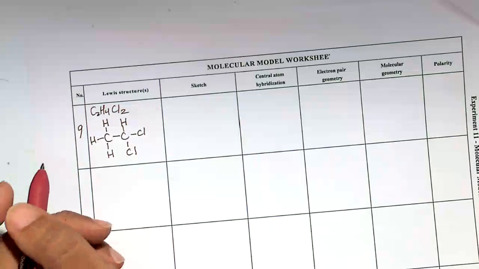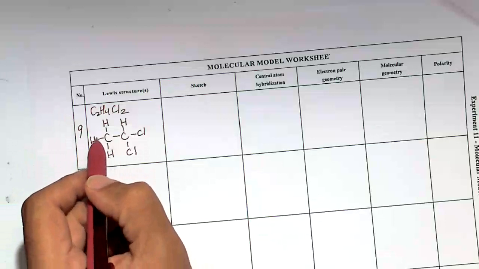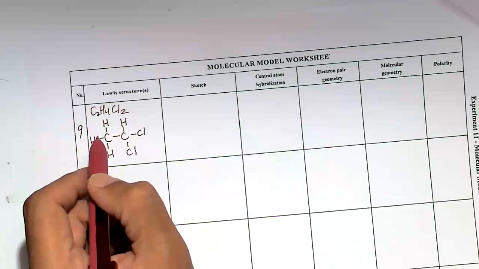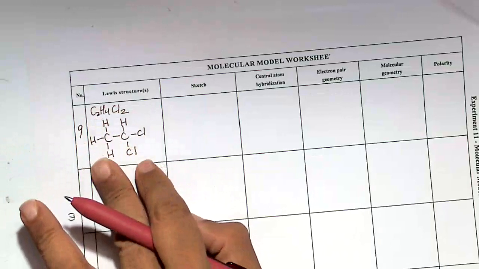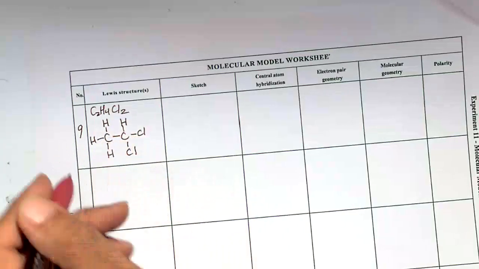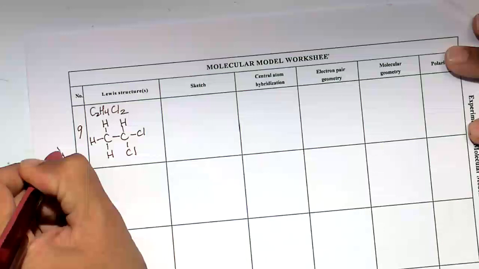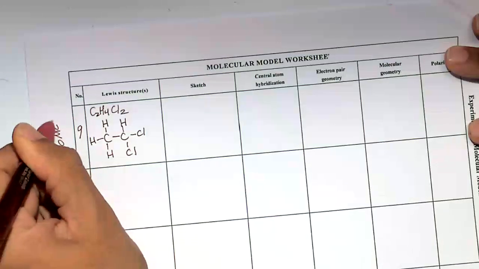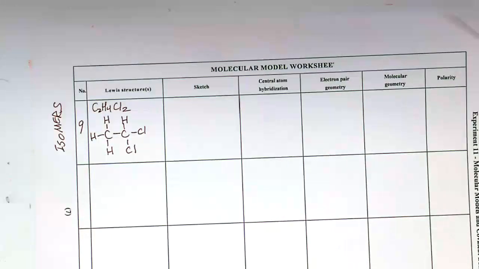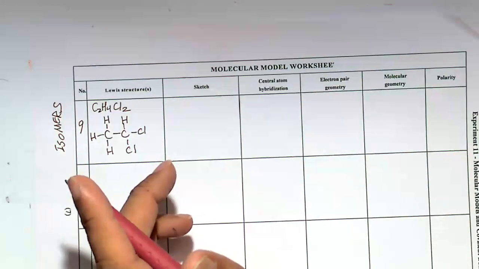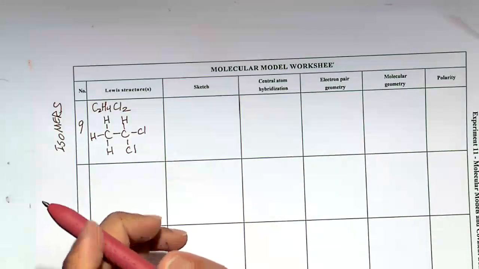That's one way to do it. You can have the chlorines on the first carbon, at the top, at the bottom, or left and right. So this is another example where you have a lot of isomers, meaning you can arrange the atoms differently.